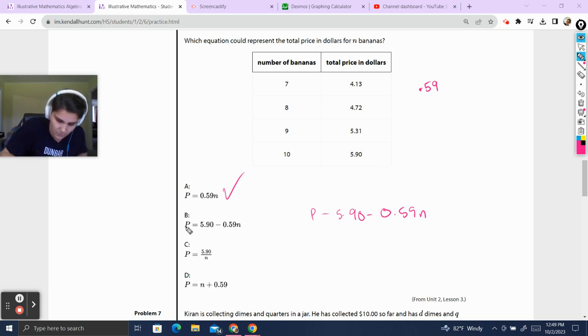So, nope. Is P equal to 5.90 divided by N? If I bought 1 banana, would the price be 5.90 divided by 1? Nope, that would give me 10 bananas.